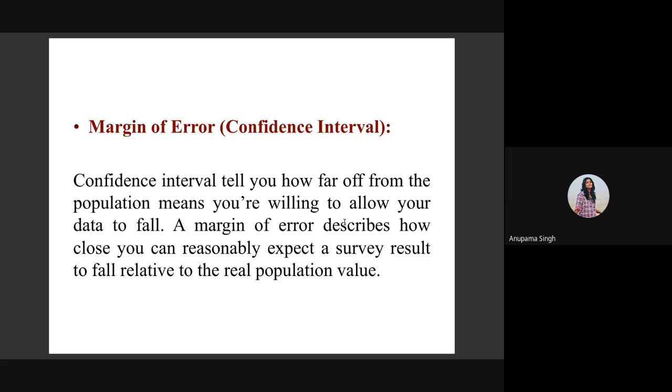So for example, average height is say 6 feet of the population, and we are saying that our confidence interval is plus minus 2.